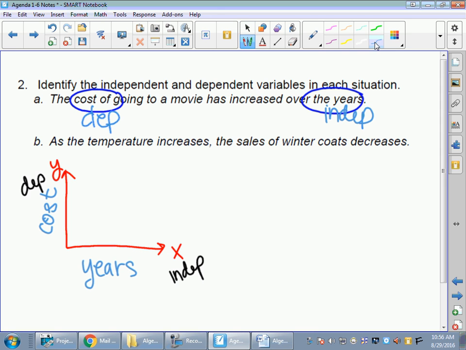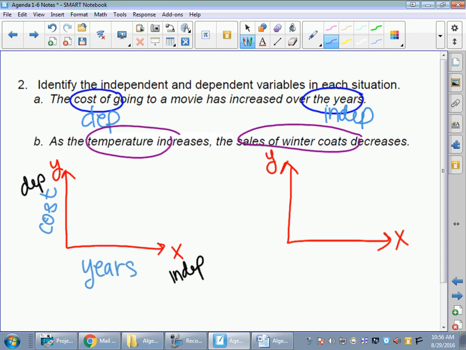For situation B, as the temperature increases, the sales of winter coats decreases. So the two things I'm dealing with are the temperature and the sales of winter coats. What depends on what? Which one goes across the x-axis or is the independent variable?